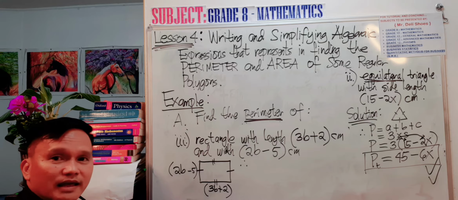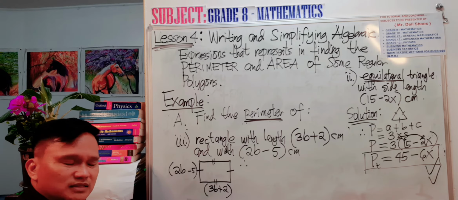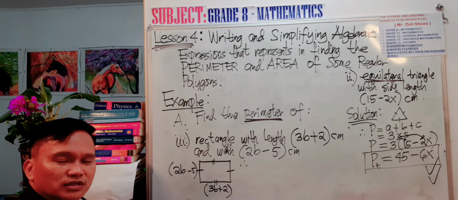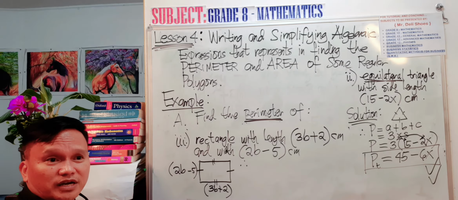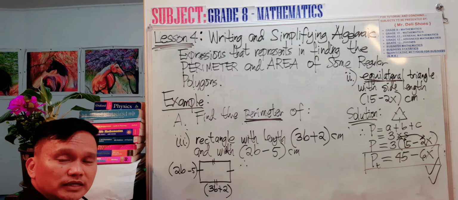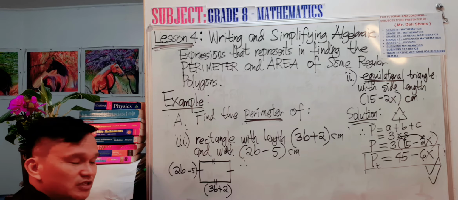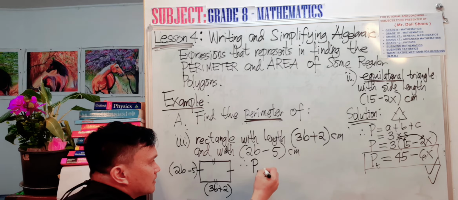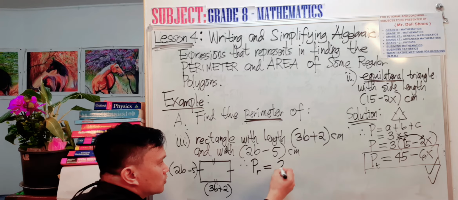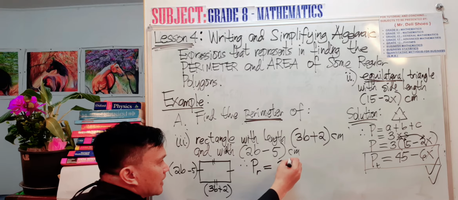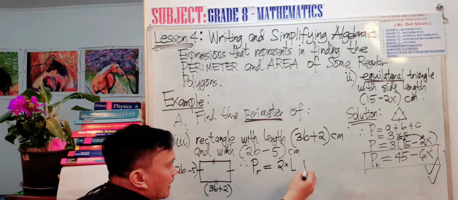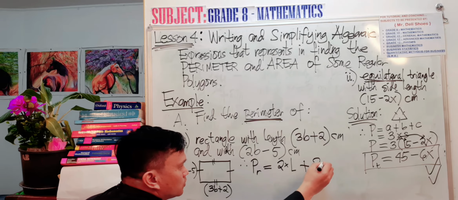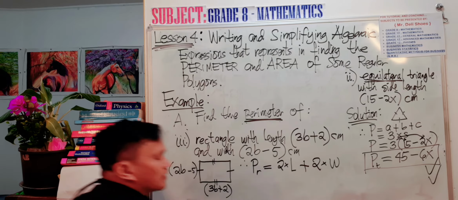And grade 11, grade 12, general mathematics, all of you taking mathematics, you have to watch all the videos, even if it is intended for grade 8, but it is good that you will do some revision. So the formula of the perimeter of the rectangle is equal to 2 times the length plus 2 times the width.